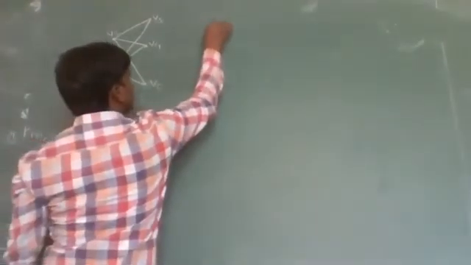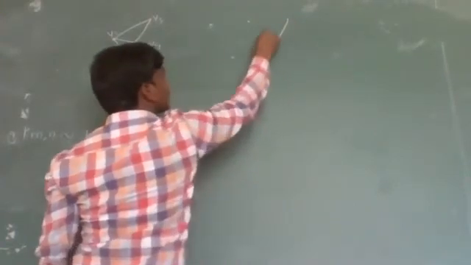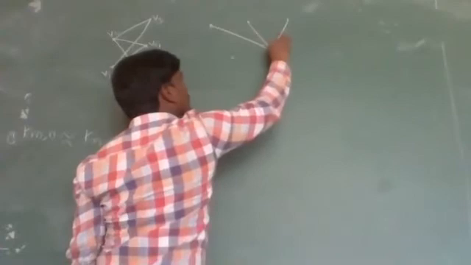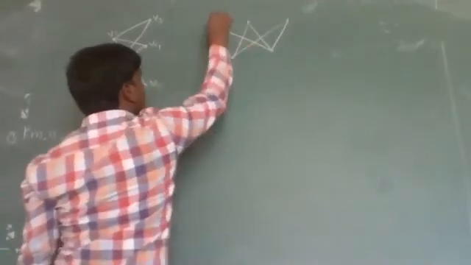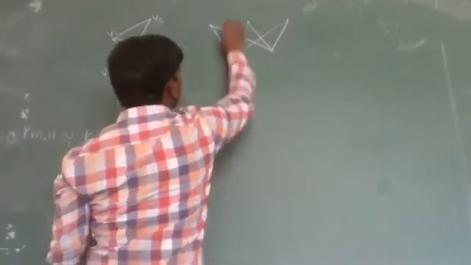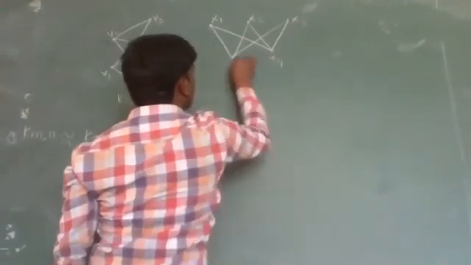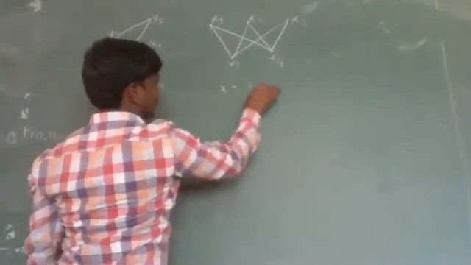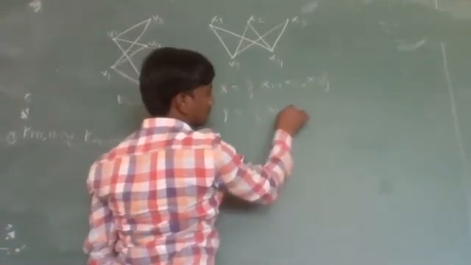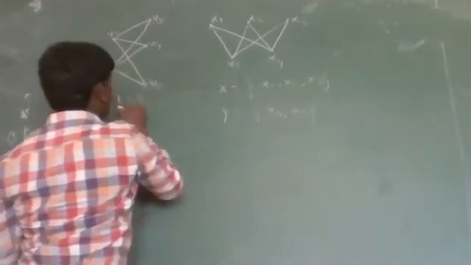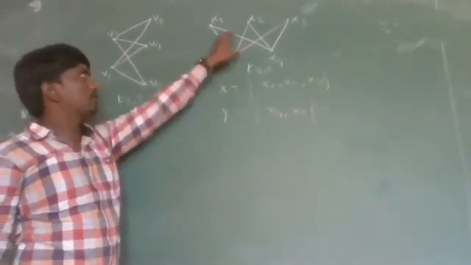Similarly, you can take this other graph, where each vertex in X is joined to every vertex of Y, and this is a bipartite graph.